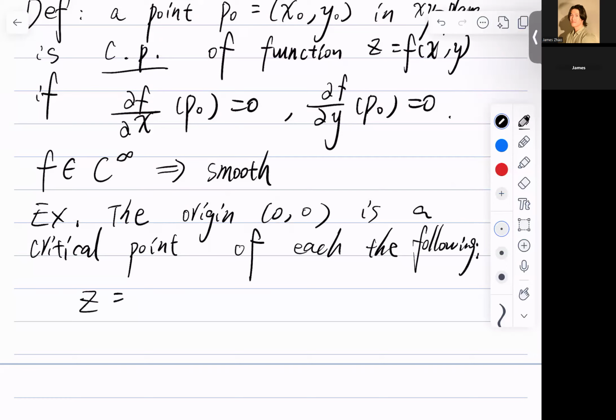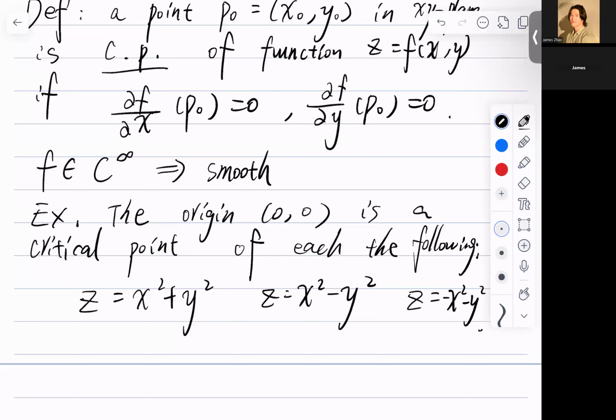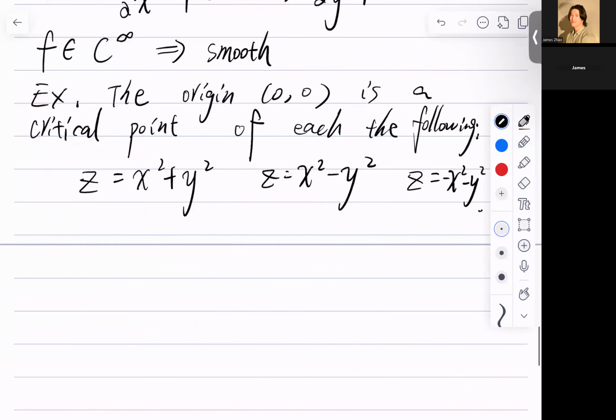We have z equals x squared plus y squared, z equals x squared minus y squared, and z equals negative x squared minus y squared. These are very simple examples, right? And I don't think I need to convince you that these are critical points. You can find the partial derivatives and plug in 0, 0 to convince yourself, right?